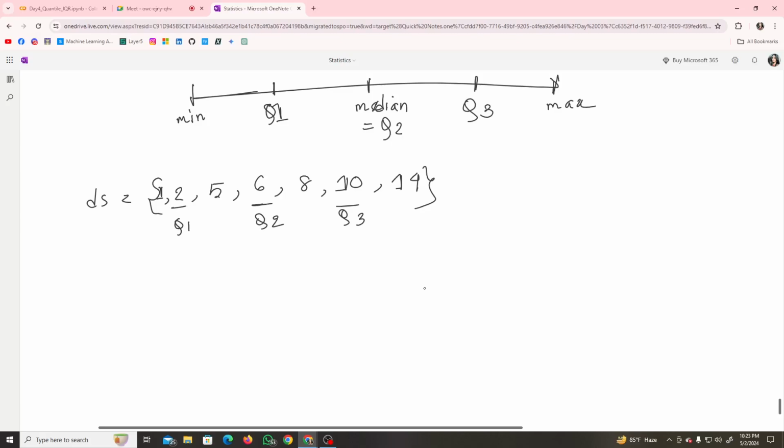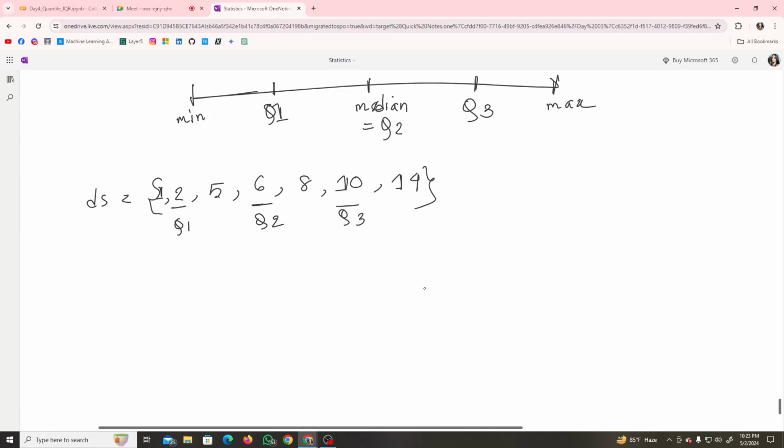Okay. Yes, you divided your dataset into 4 equal parts, and after dividing it, you have your Q1, your median, which is Q2, and your quartile 3, which is 10.